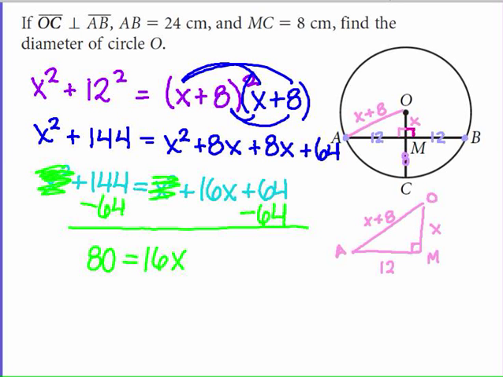So now in order to solve that, what are you going to do? Divide by 16. So what does x equal? 5. Now let's go back to the problem. It says find the diameter of circle O. So if I look, x here is 5. So really that means this is gone and I've got a 5 here. That means 5 plus 8 now becomes what?